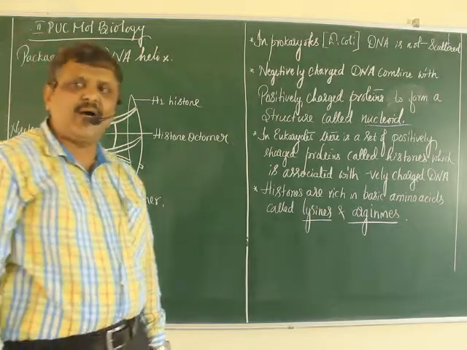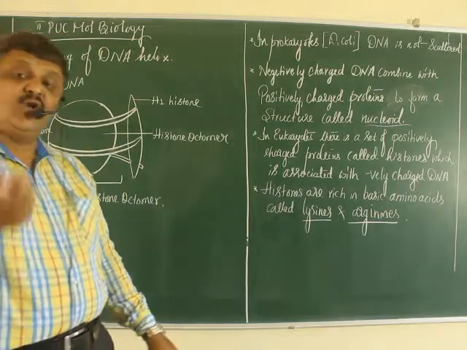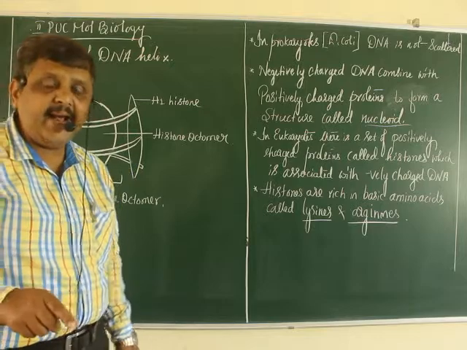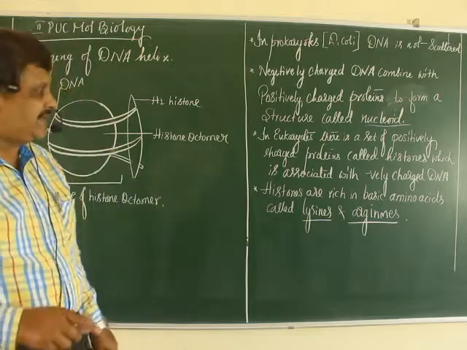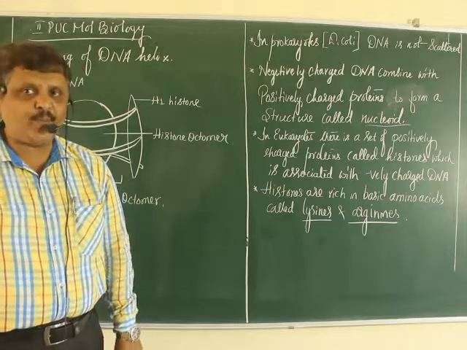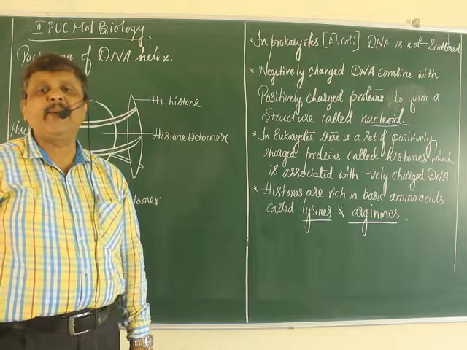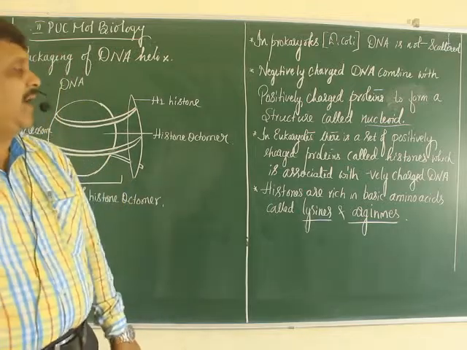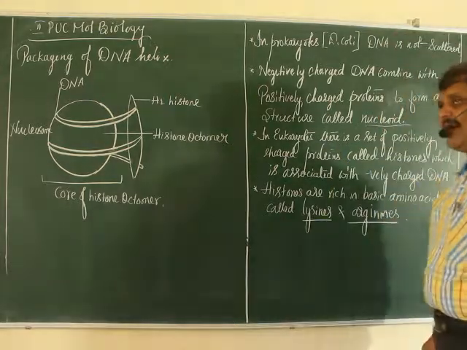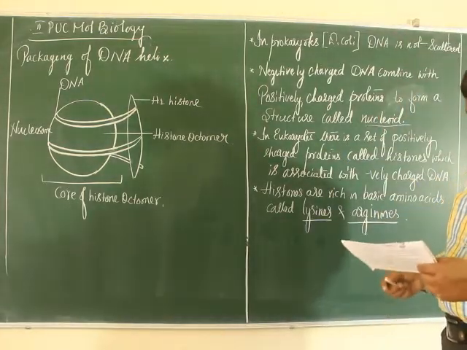DNA is negatively charged in both prokaryotes and eukaryotes, but the associated structure along with the DNA is different. In eukaryotes, histone proteins are there. They are rich in basic amino acids called lysines and arginines.